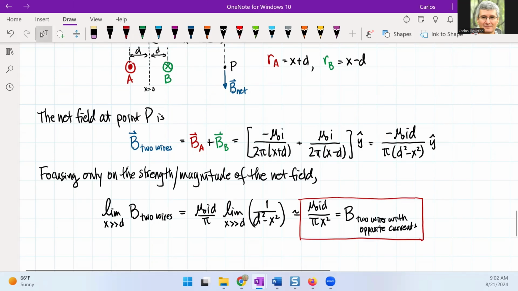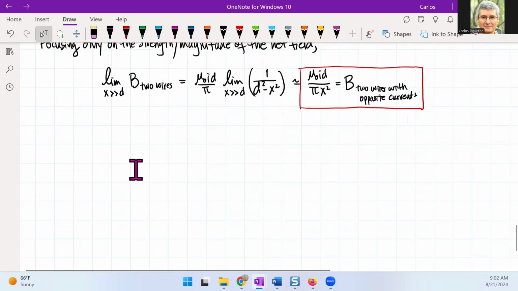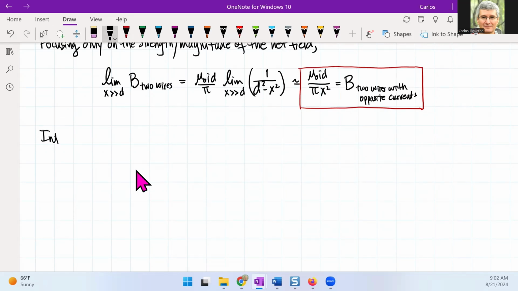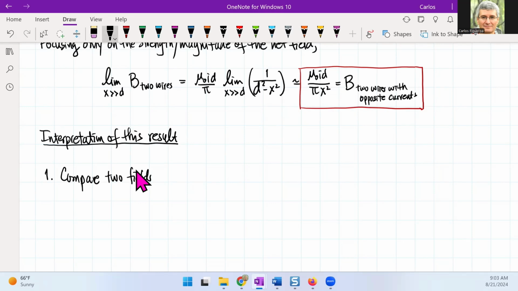So now I want to interpret this. So the first thing is that let's compare two fields for the dipole.